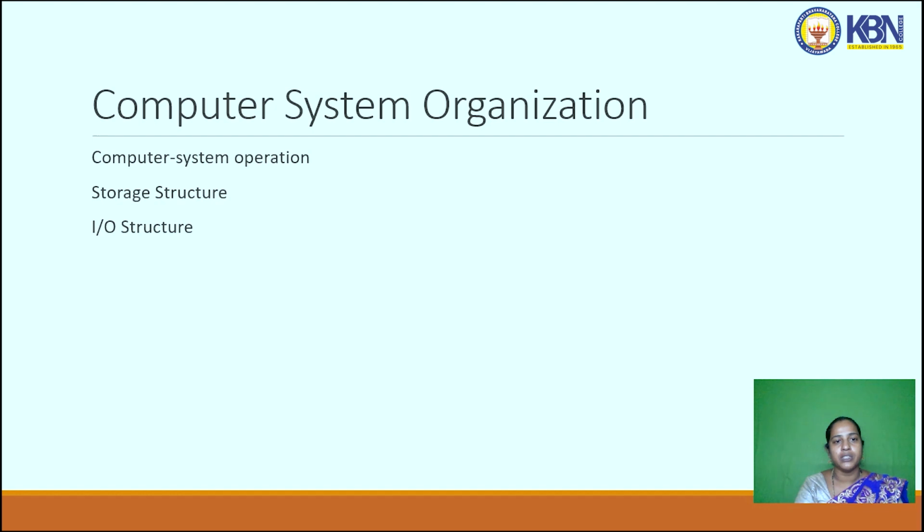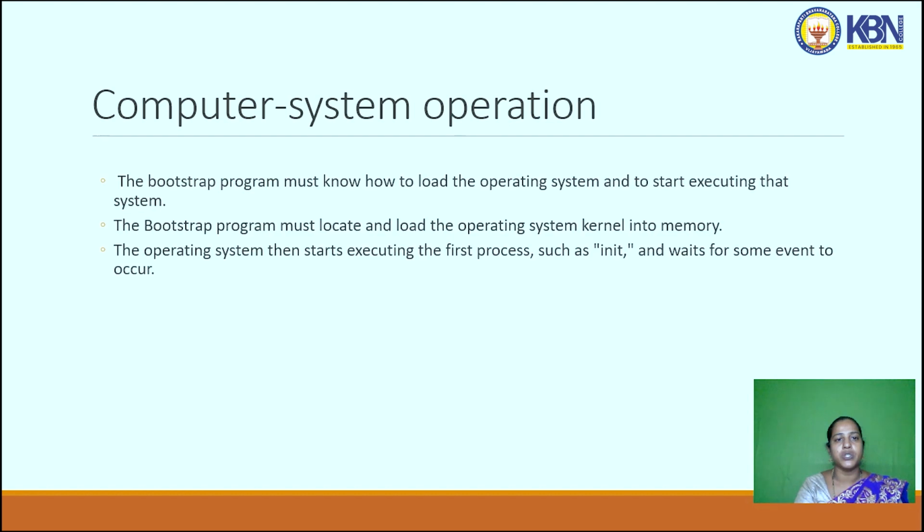Now coming to the computer system organization. In computer system organization we have computer system operation, storage structure and I/O structure. So what is computer system operation? It is when the computer is ready to use once we turn on the system. Once the system is on, a bootstrap program starts running.